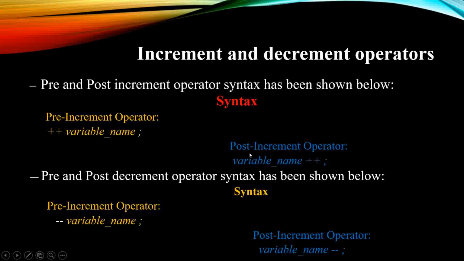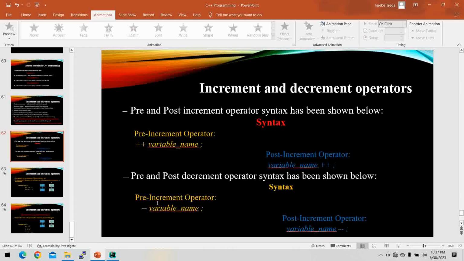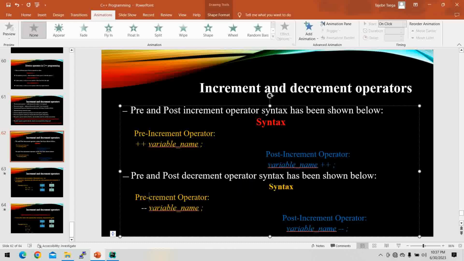ይሄ ምንድነው? ፖስት ኦር ፕሪ ኢንክሪመንት ማለት ነው። What about pre and post decrement ሲሆን ፕሪ ኤንድ ፖስት ዲክሪመንት ከሆነ ደግሞ ምንድነው? ሳይን ነው የሚለው። ይሄኛው ፕላስ ፕላስ ነው፣ ይሄኛው ማይነስ ማይነስ ነው። ፕሪ ከሆነ ኢንክሪመንት ከሆነ ፕላስ ፕላስ ነው፣ ዲክሪመንት ከሆነ ማይነስ ማይነስ ነው። ሶሪ ይሄኛው ዲክሪመንት ነው። Then this one is also decrement.